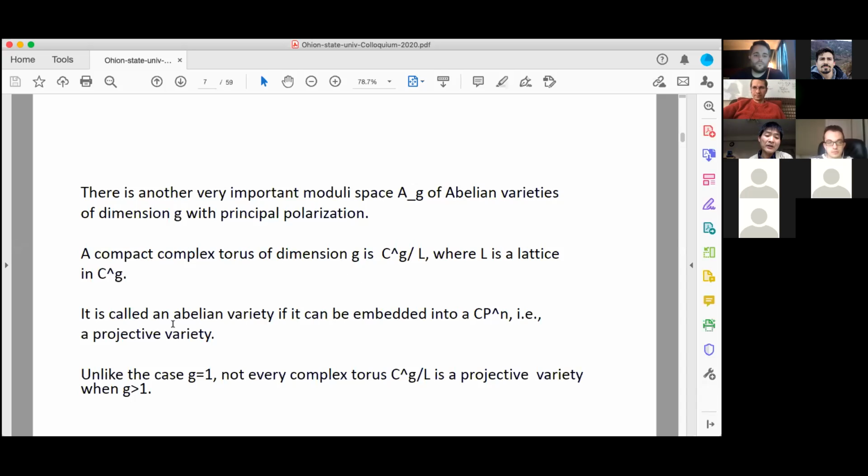Now, this torus is called an abelian variety if it can be embedded into projective space, i.e., when the complex torus is an algebraic variety, we call it an abelian variety. Now, unlike the case of g equal to 1, in higher dimensions not every complex torus is a projective variety. In dimension g equal to 2, it's not true. So that's why the condition of being a projective variety picks out some special compact complex tori.